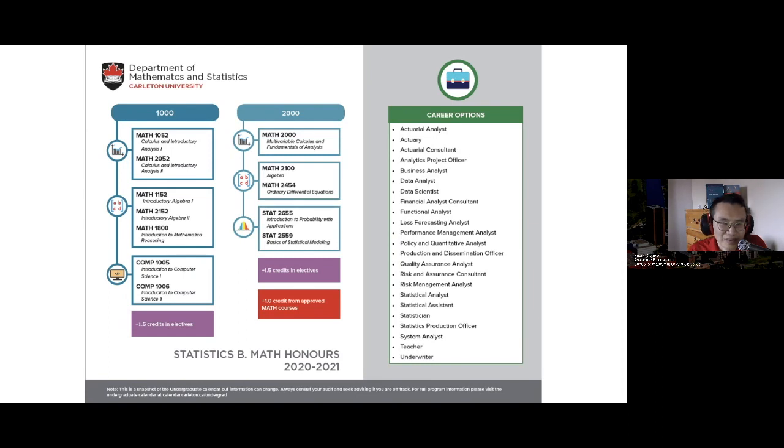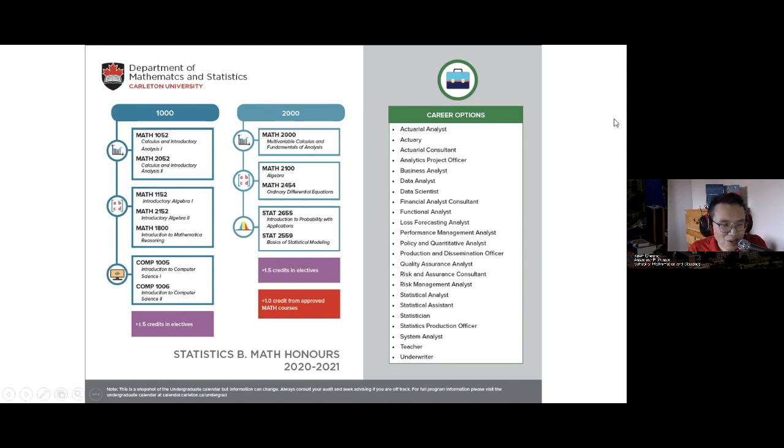And in the second year, instead of Math 2100, which is the algebra course that the math students have to take, statistics students can replace that with a third-year linear algebra plus another math course that is on the list. So there's a bit of flexibility in the second year for statistics students.